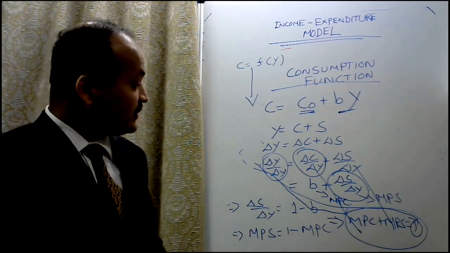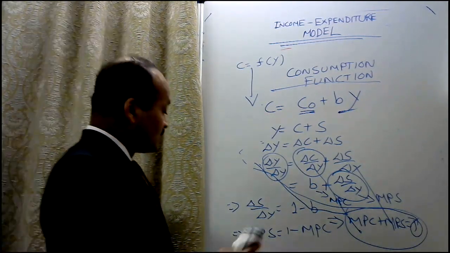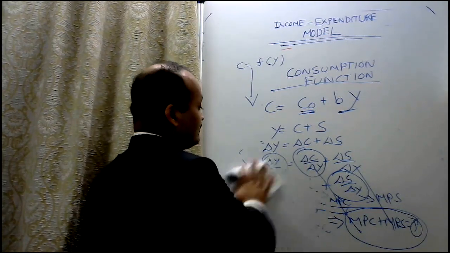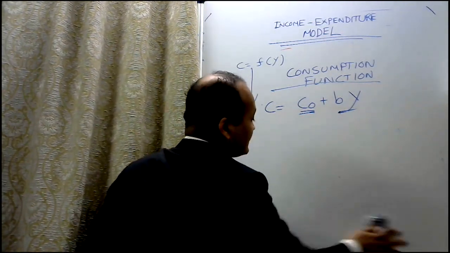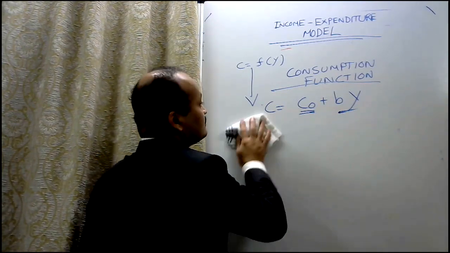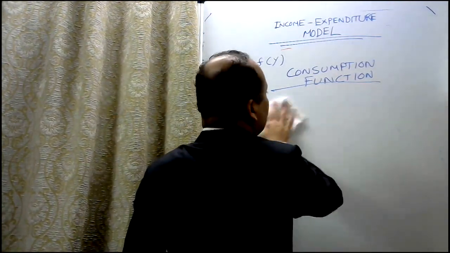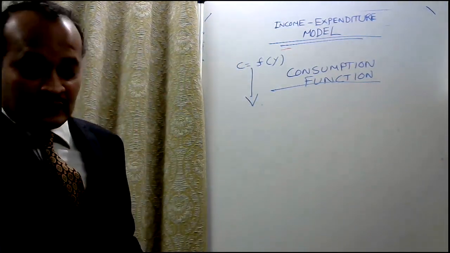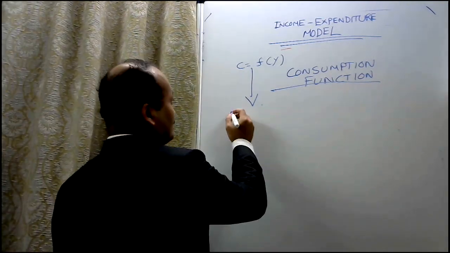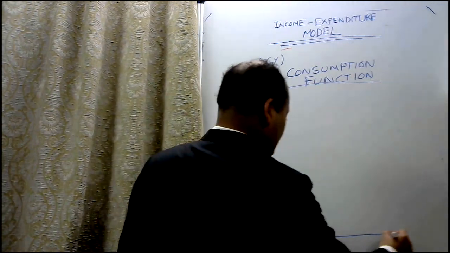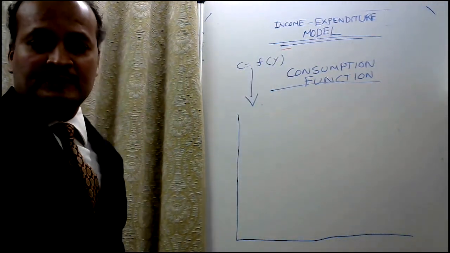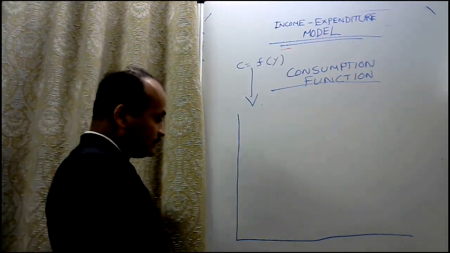But now coming back to our determination of equilibrium income when consumption is endogenously decided, let us try to arrive at that. What we have said is, is this visible? Yeah.